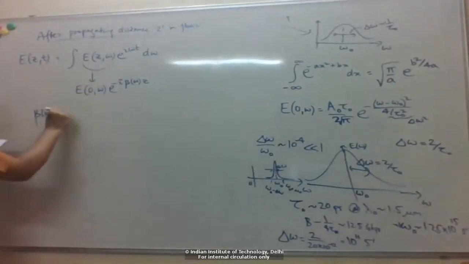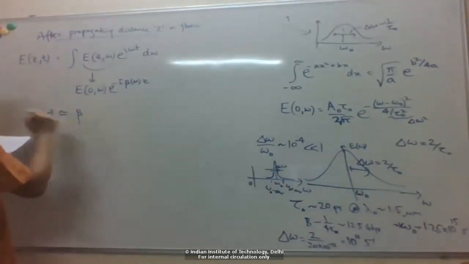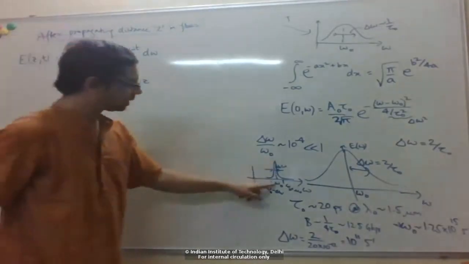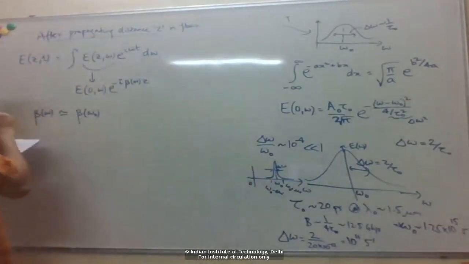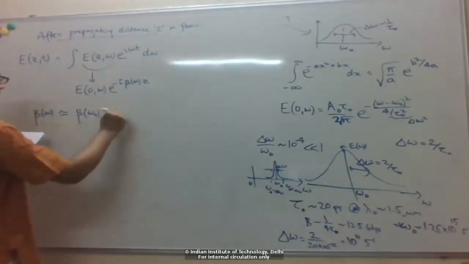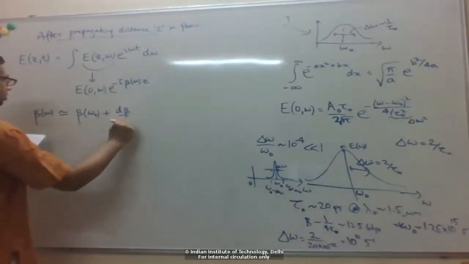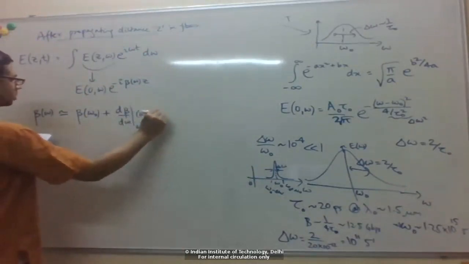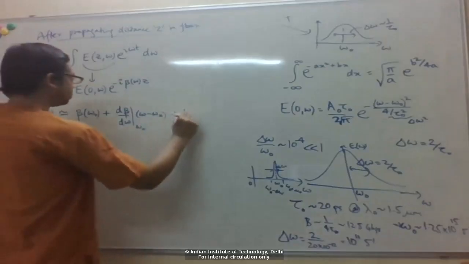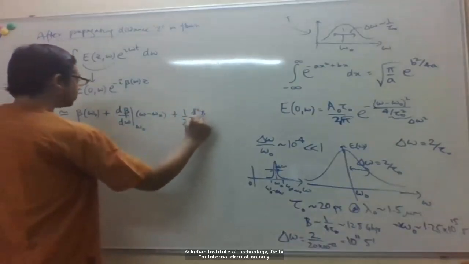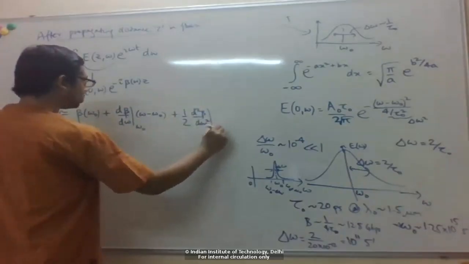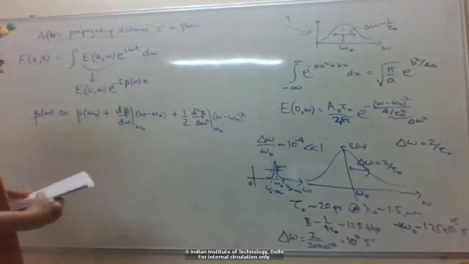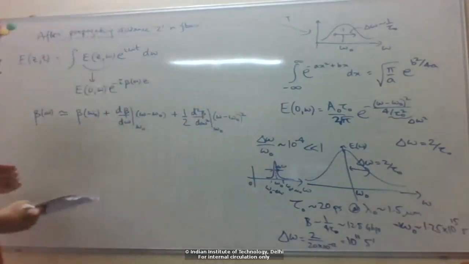We can do a Taylor expansion about the center frequency omega naught. The first term will be the first derivative of beta times (omega minus omega naught). Then the second term will be the second derivative times (omega minus omega naught) square, and you could take higher order terms also, as many as you want.